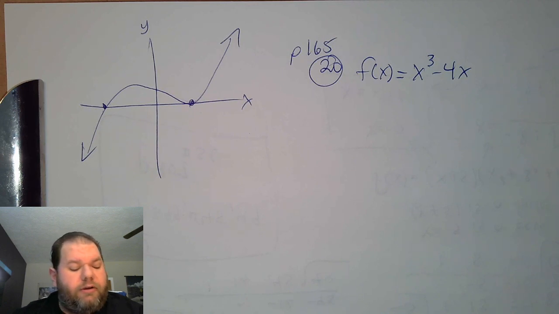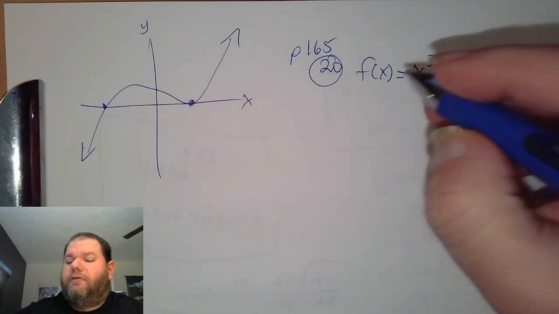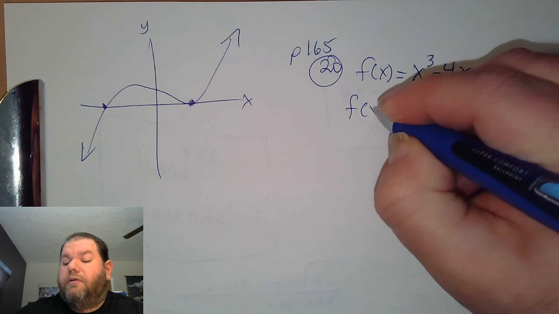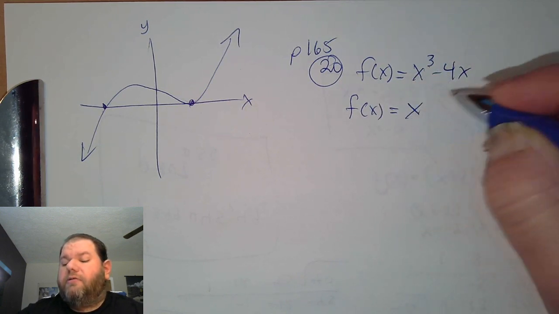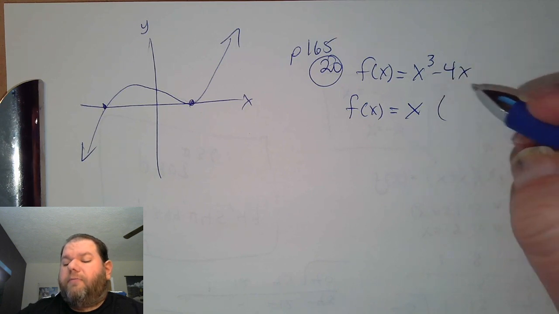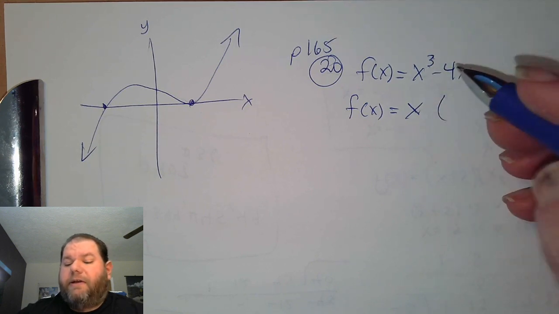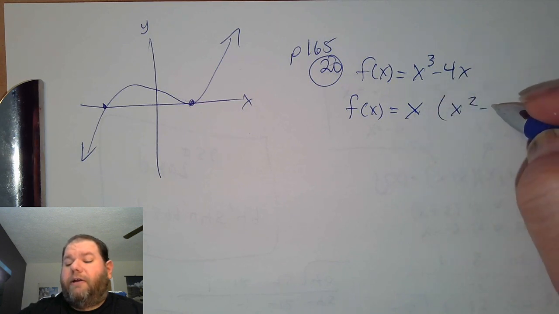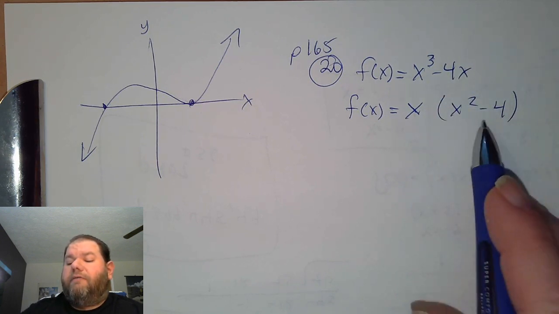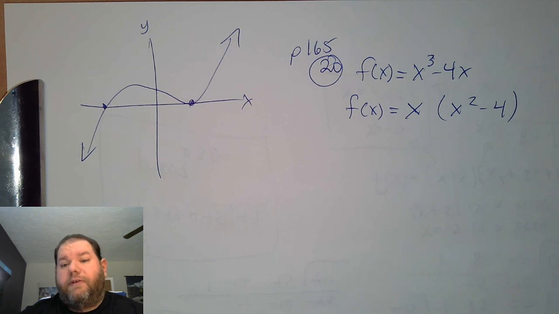The first thing we notice in both 19 and 20 is that there is a common factor of x. So x is our greatest common factor, and we divide it out by taking x cubed divided by x, and negative 4x divided by x, leaving x squared minus 4 in parentheses.